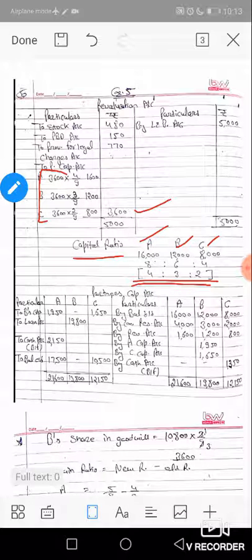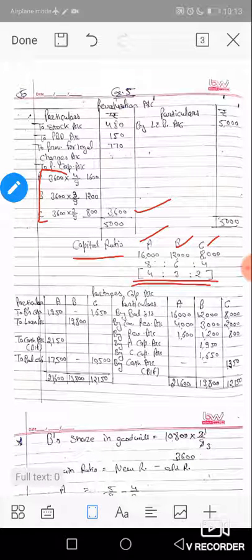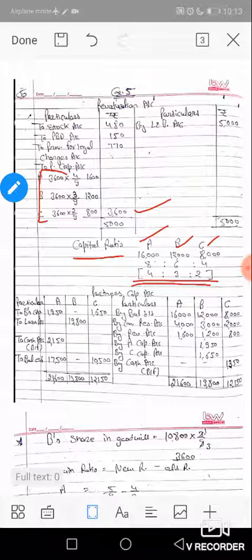So these 3600 will be divided into 4 is to 3 is to 2: 3600 into 4 upon 9, 3600 into 3 upon 9, 3600 into 2 upon 9, that is 1600, 1200 and 800. Total amount is 3600. Profit transferred to partners' capital account.